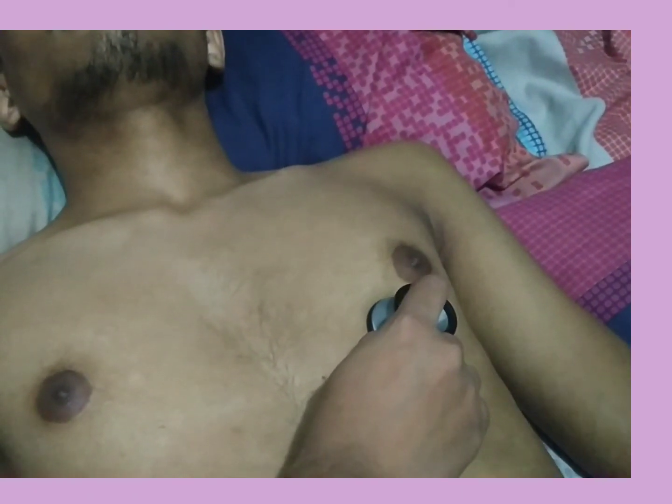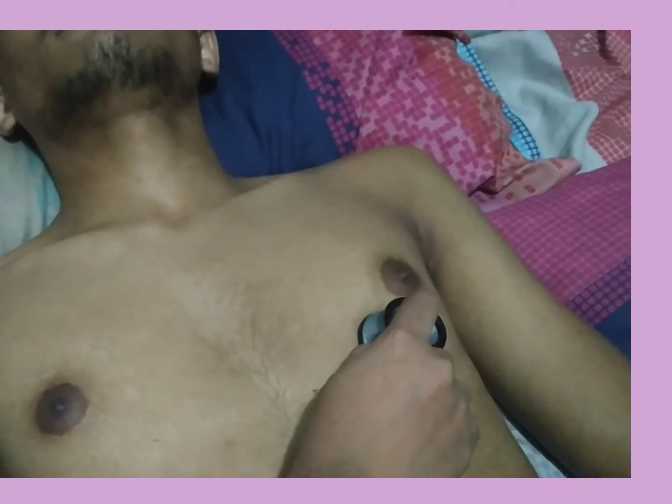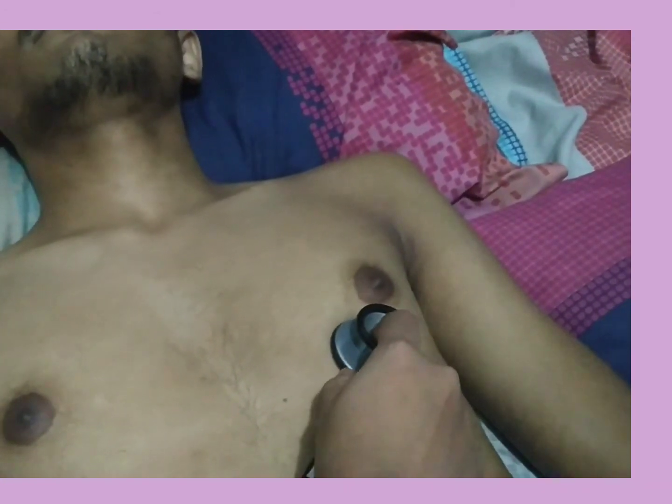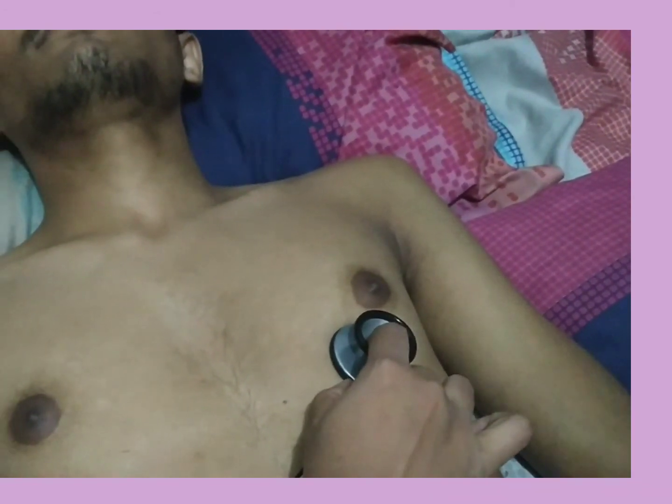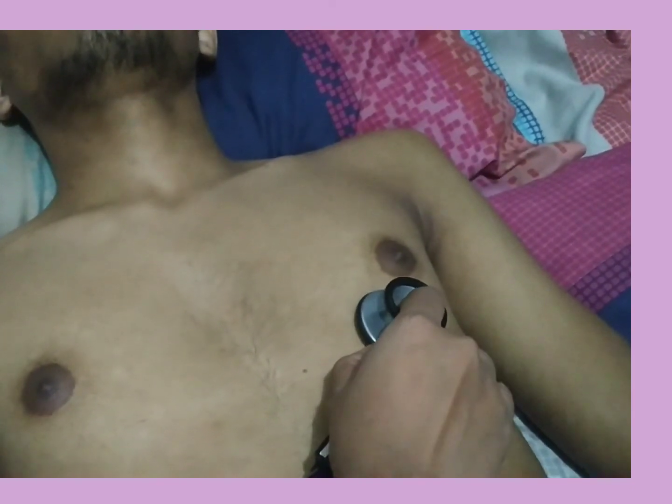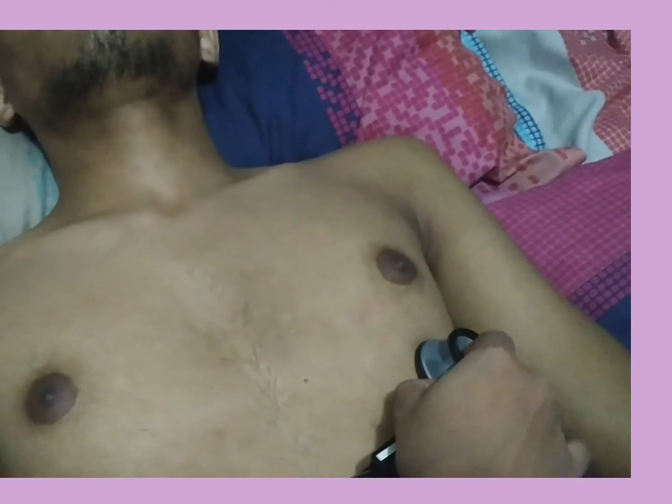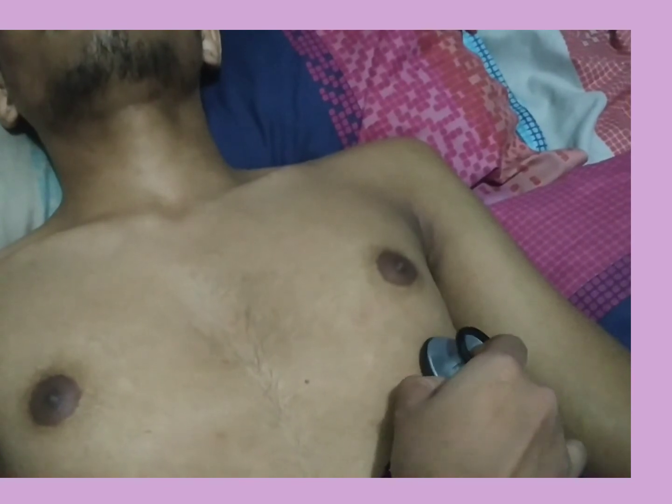If a murmur is heard over the mitral area, listen to the radiation by moving the stethoscope laterally and superiorly towards the mid-axillary line, posterior axillary line, and infrascapular area.